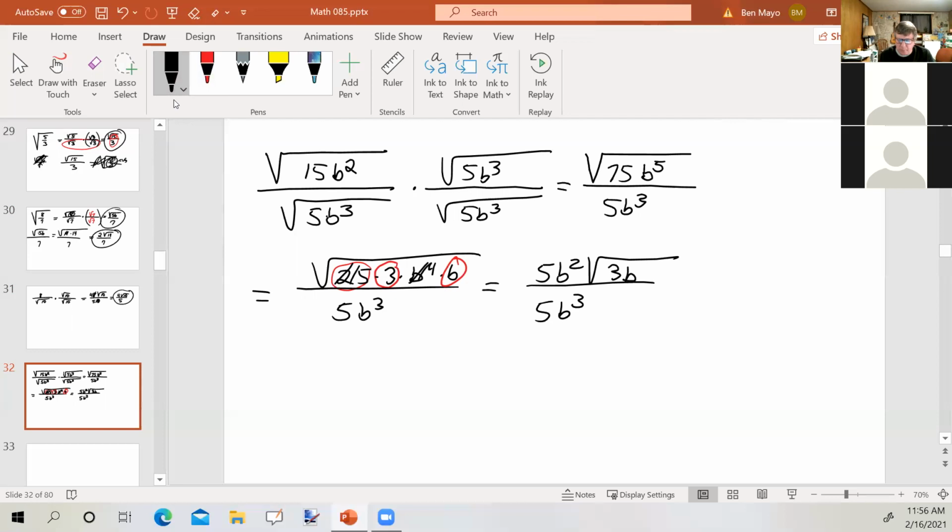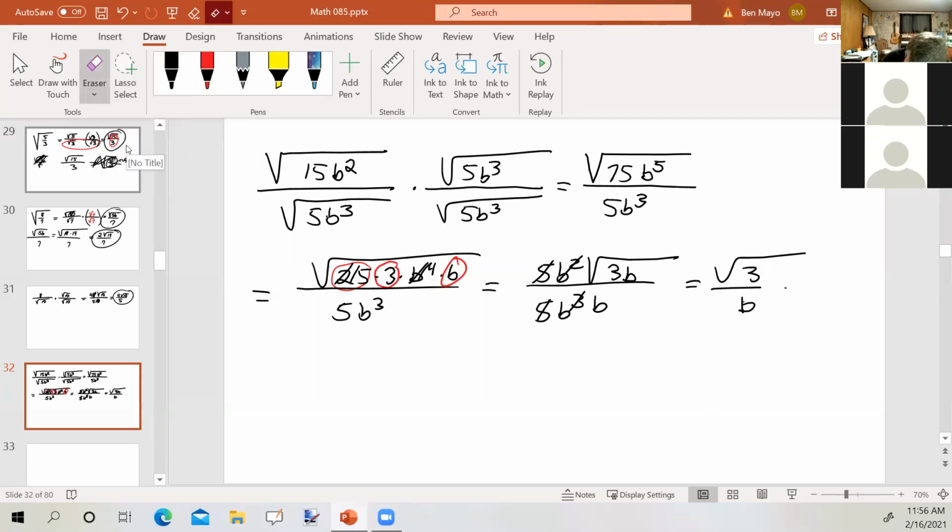So I multiply the numerator and the denominator by the denominator to rationalize the denominator. Then I simplified the numerator. But I'm not done even with this method. Now I can come back and say, those are going to reduce down, and I'm going to have the square root of 3b all over b.